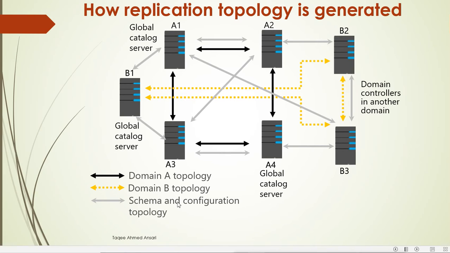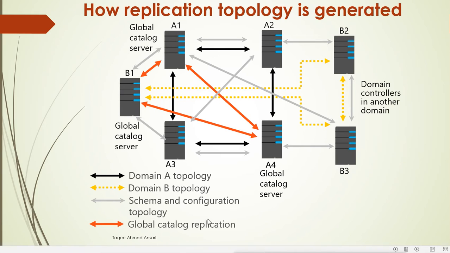Then the schema and configuration topology need to be replicated within the whole forest. So it is going to be replicated on domain A and domain B both. So you can see it is creating the topology from both sides. It is replicating on all the domain controllers, whether it is domain A or domain B. Then also the global catalog replication.